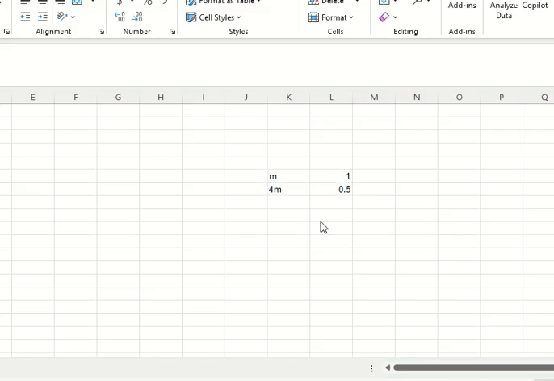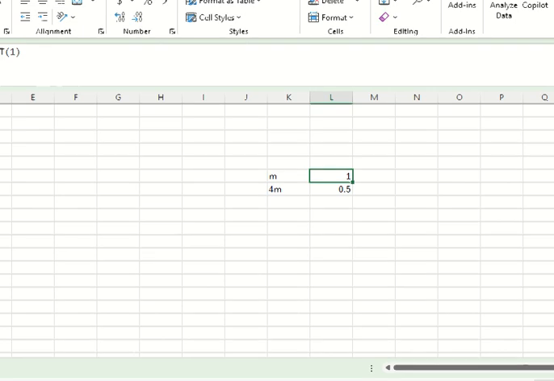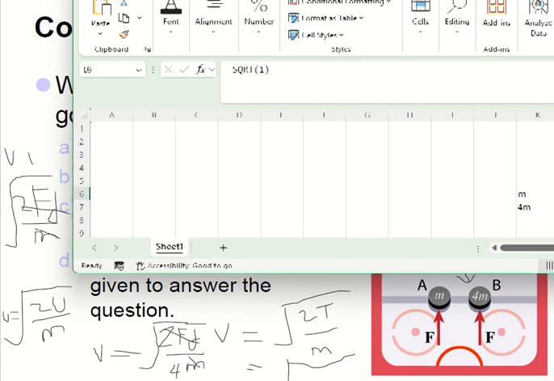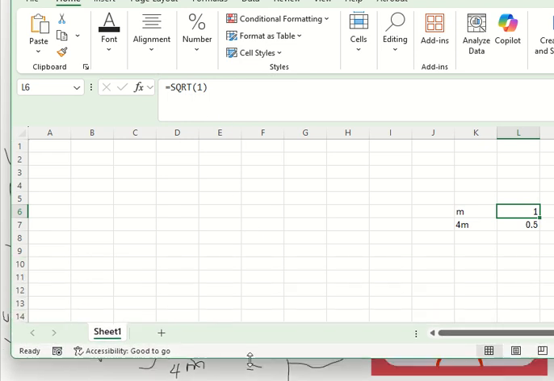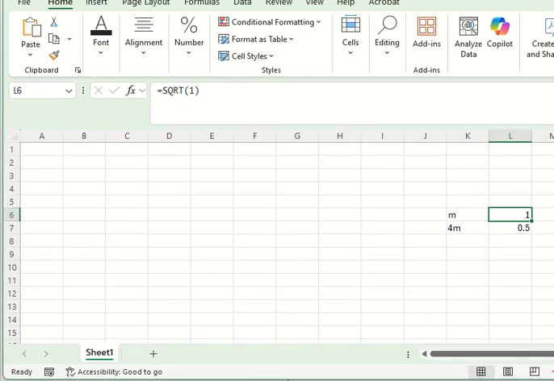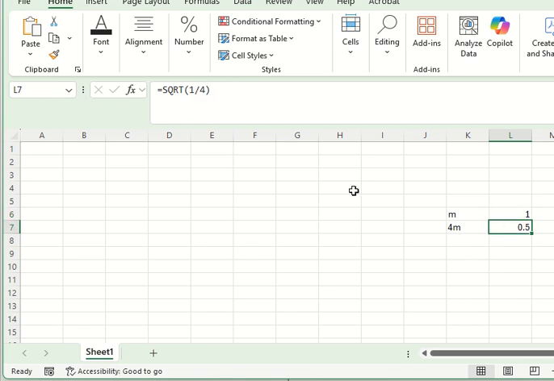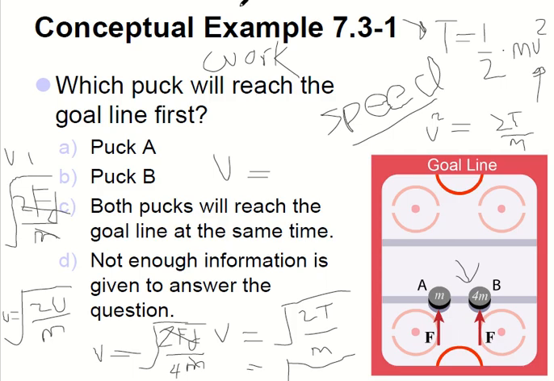Then we come to the axle to calculate. I just want to show you this formula. So square root of 1 is 1. Square root of 1/4 is 0.5. So this is faster.